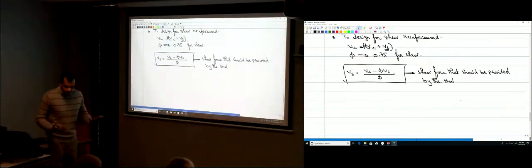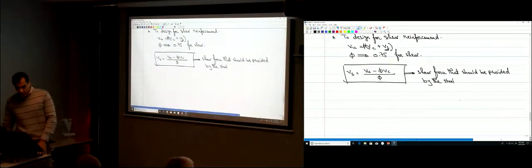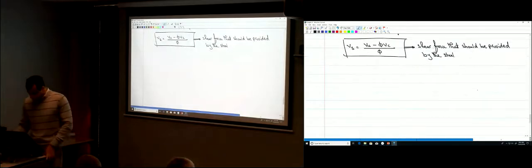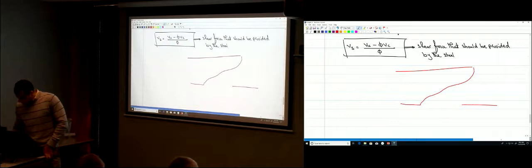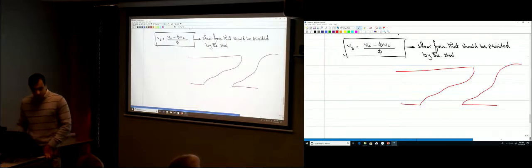Still, how many bars will I provide? What's the spacing of those bars? So let's see here. I have that section that we drew before. The beam looks like this. This part here, and then another part here. Okay?